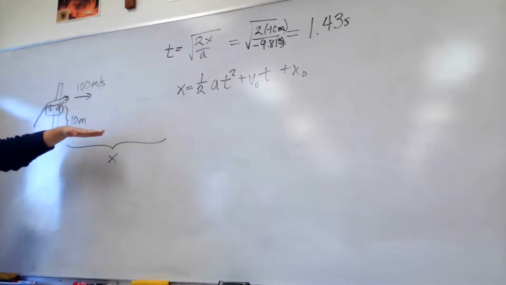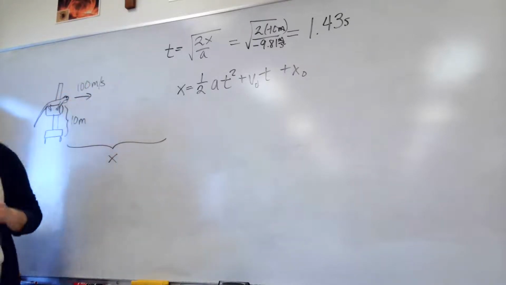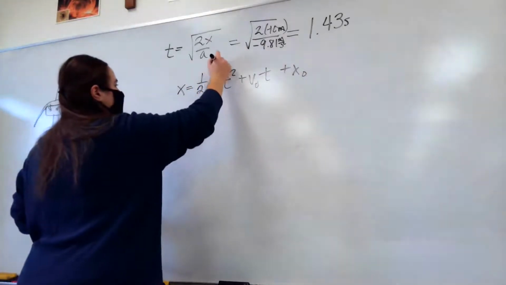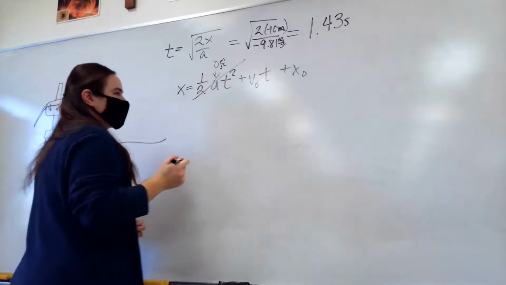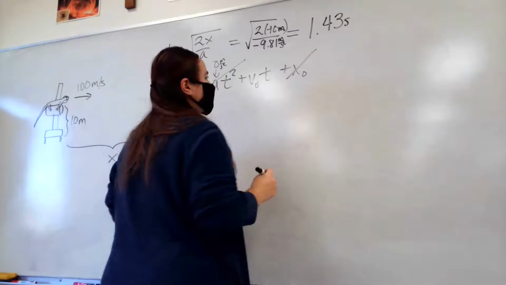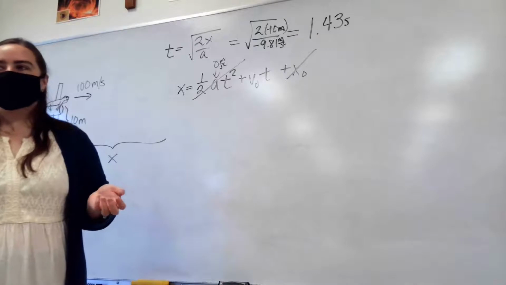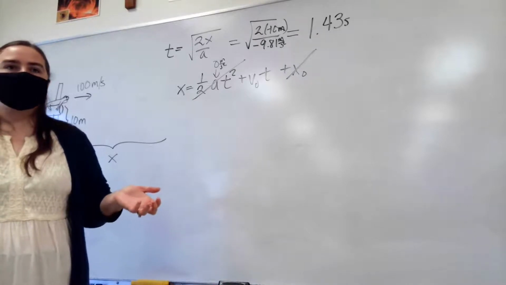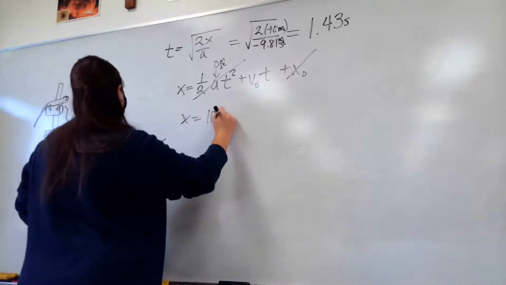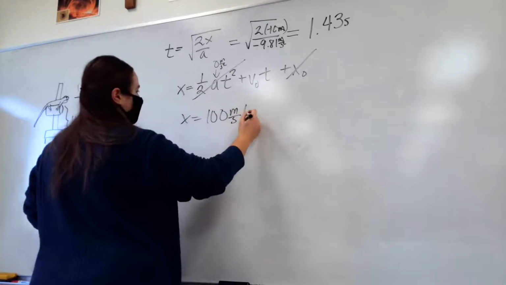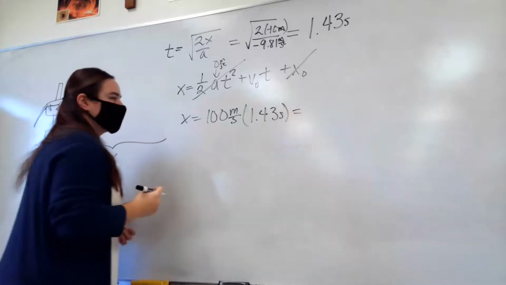Because it's horizontal, acceleration from gravity, up or down, is not going to affect it. So our acceleration is 0 in the horizontal direction, so that goes away. We can call our initial position 0, so that goes away. All we're left with is vt, or the classic equation you learned in grade school, where your distance is your velocity times your time. So we get 100 meters per second times our time that we found there, which is 1.43 seconds. So what do we get?